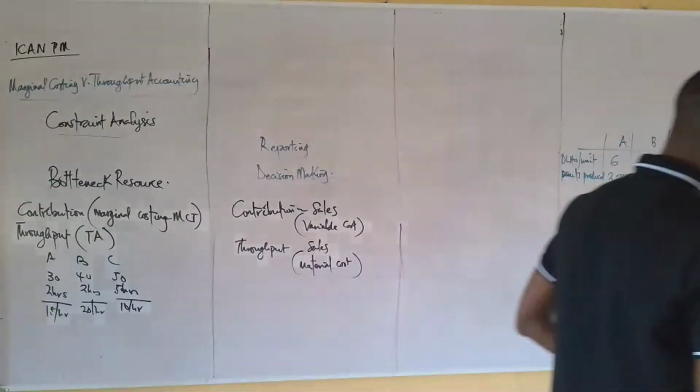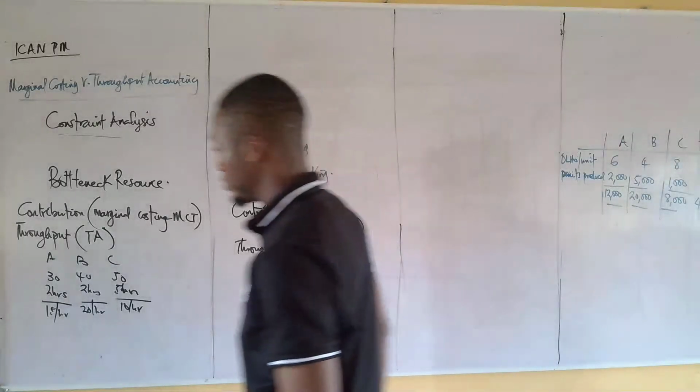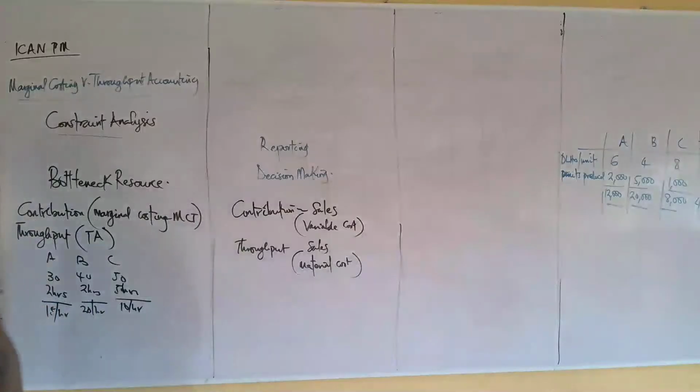So step 4. Rank the product. Now, if you are to rank now, which product is most desirable? Product B, I mean? Yes.